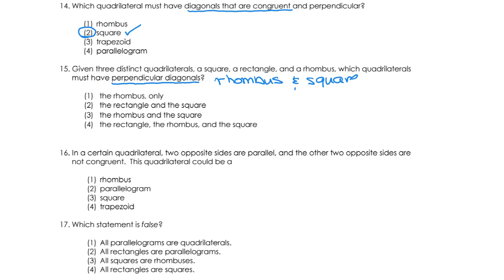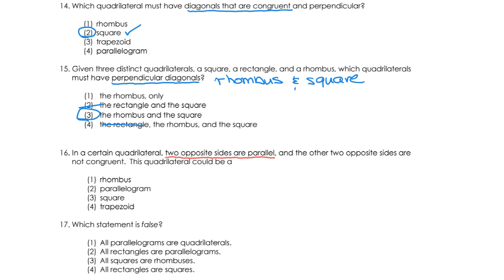Those are the only 2 shapes where you get the right angles in the middle. We know it's not a rectangle. So a rhombus and a square, choice 3.